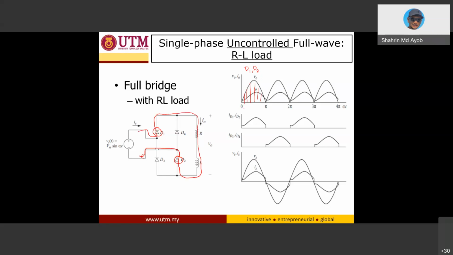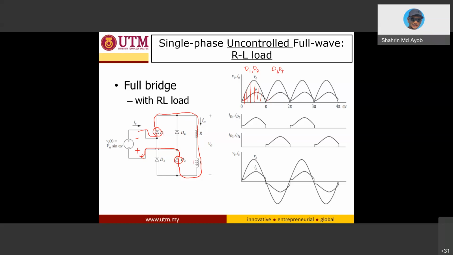Then at the negative cycle after pi, D3 and D4 will automatically conduct because of the forward bias; right now this one is negative, this one is positive. The energy inside the inductor needs to be discharged, but since D3 and D4 are already on, it will continue to charge again, meaning there is no beta. You can see the current is charging here.